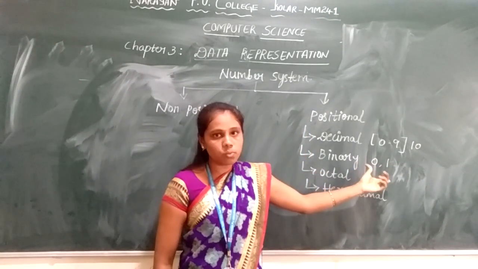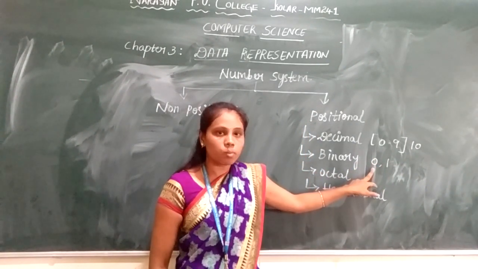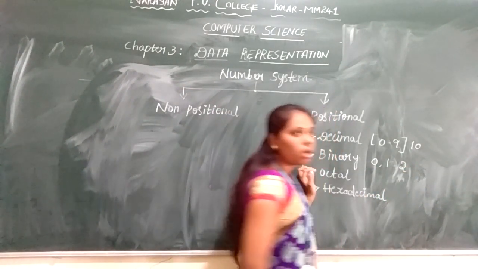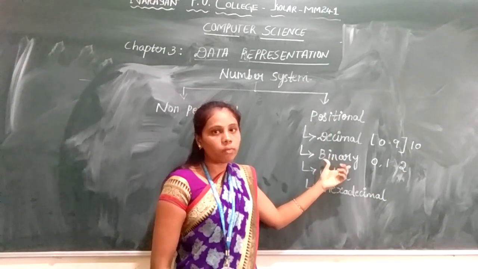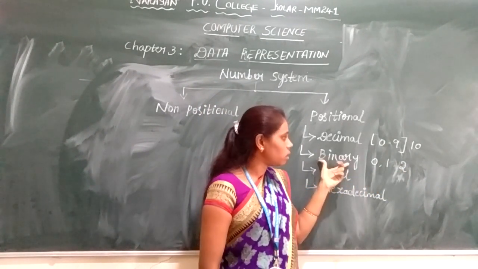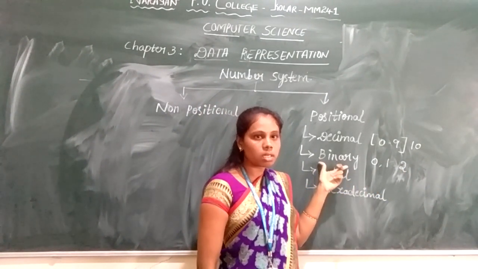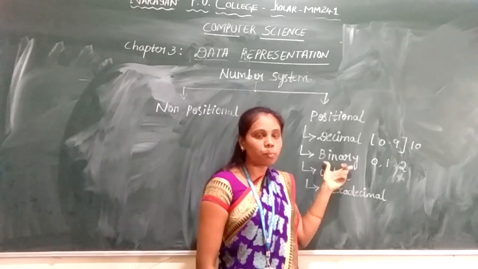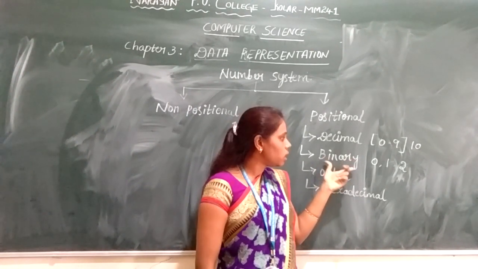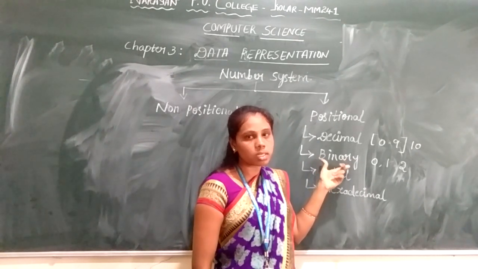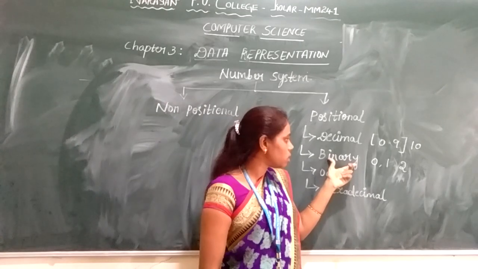Since we are using only 2 digits in binary number system, the base of this number system is 2. The weights are always expressed as the powers of 2. Each and every symbol we call a bit. Bit is the expansion of binary digit. Each and every digit has its own positional value with respect to the given positions.